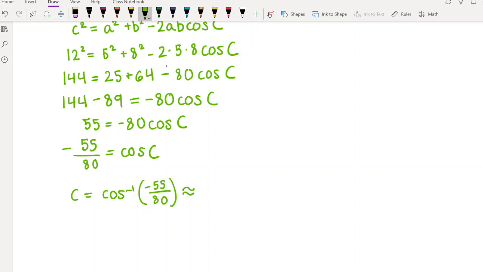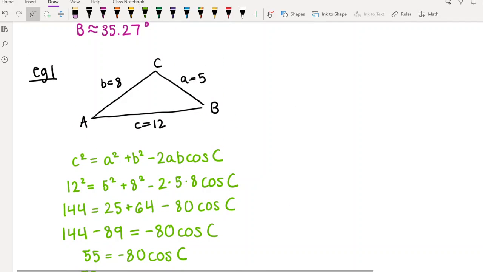So if we take inverse cosine of negative 55 over 80, we get 133.43 approximately. So now we can go and put that up here.